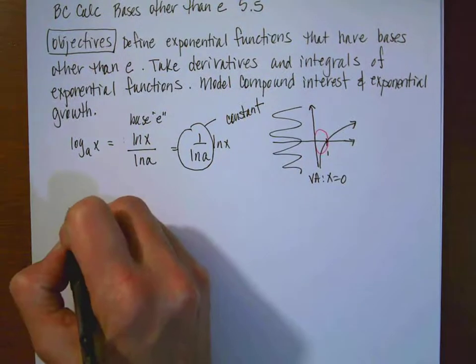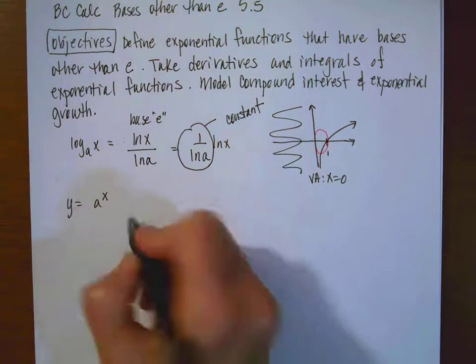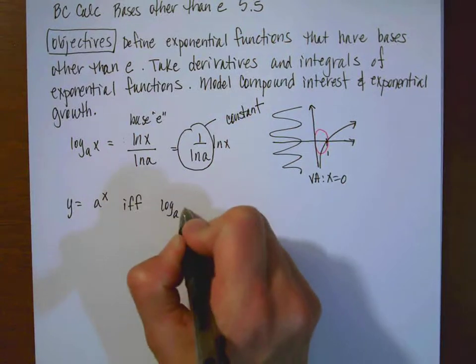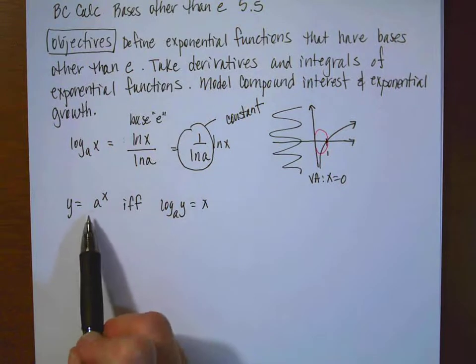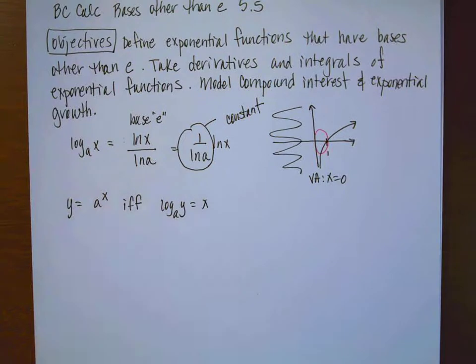Alrighty, so I do know some inverse information. I know that y is equal to a to the x if and only if the log base a of y is equal to x. And remember, that's just flipping back and forth between the exponential function form and the logarithmic form.